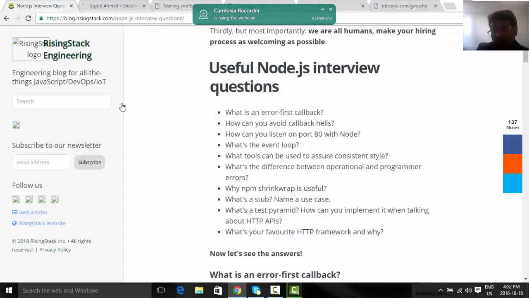What is the event loop? Conceptually, how does Node.js work? It waits for events, like the way computer hardware works. It's waiting for keyboard input, mouse input, some other server events or some changes in the system, and then it does something.